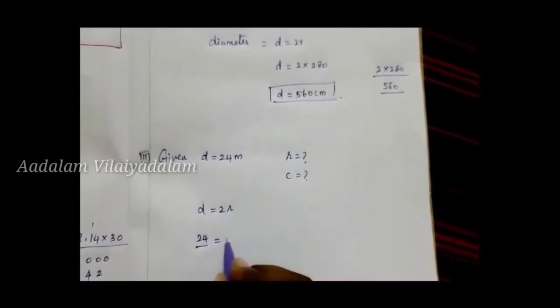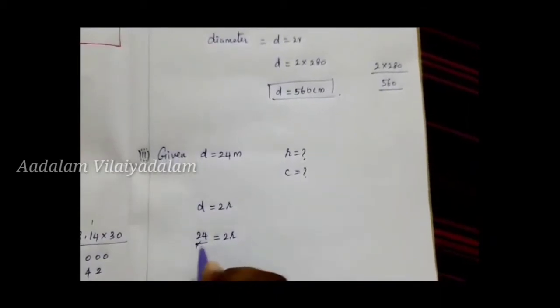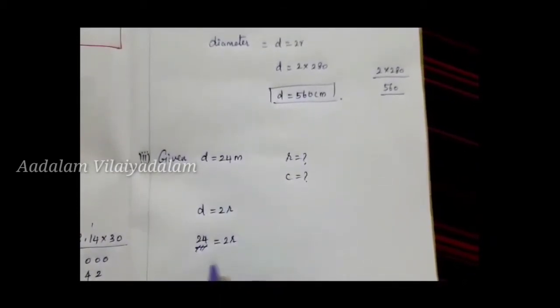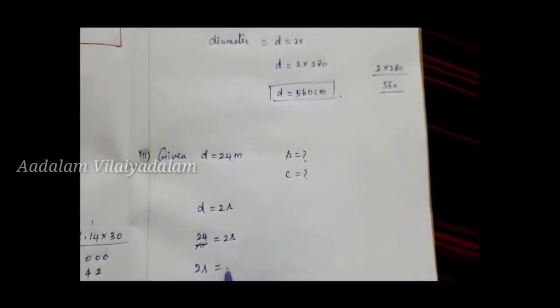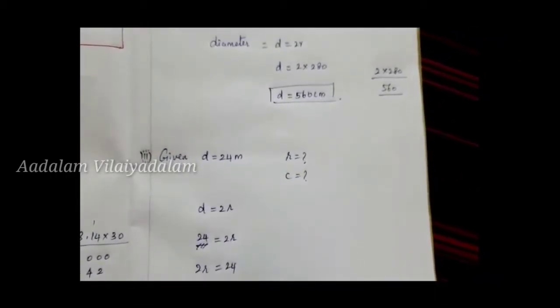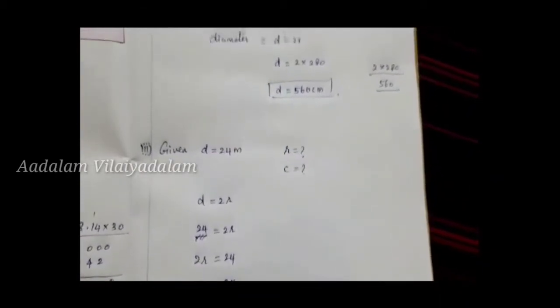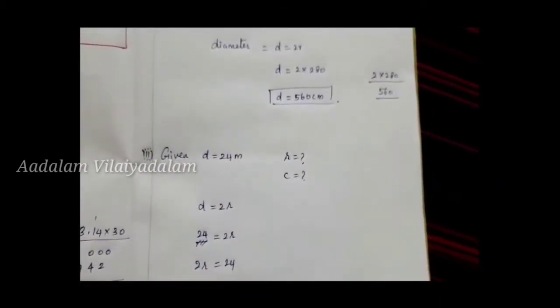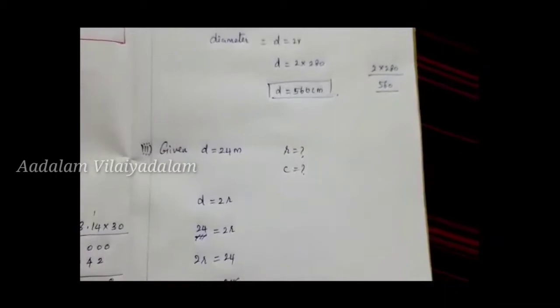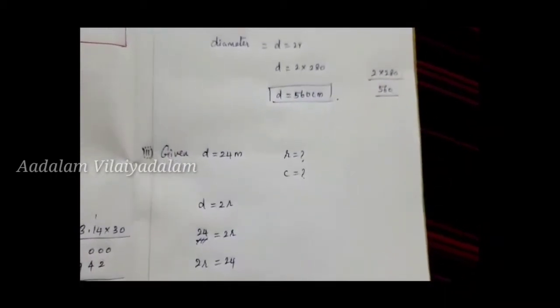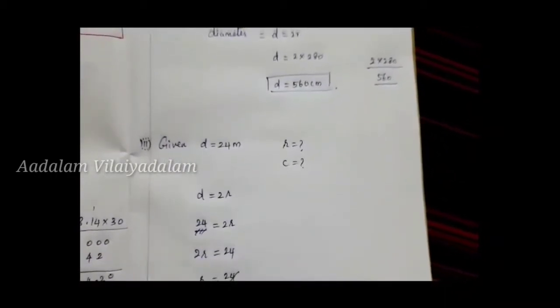That is equal to 2 times radius. Therefore I can write 2r equal to 24. Then r equal to 24 divided by 2. Then if I cancel it with the 2 table, I get 12. Then the radius is 12 meter.